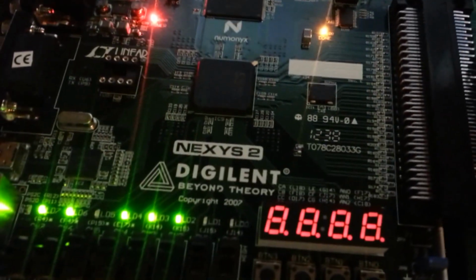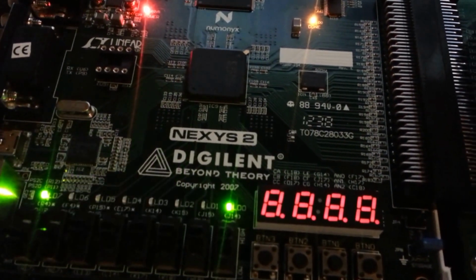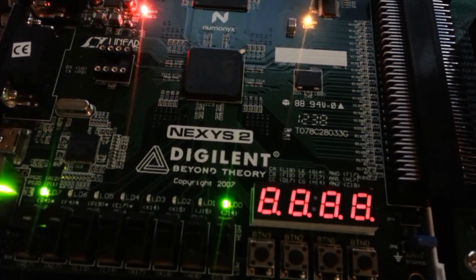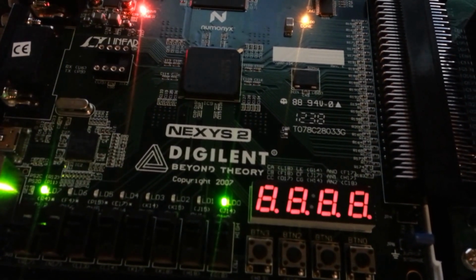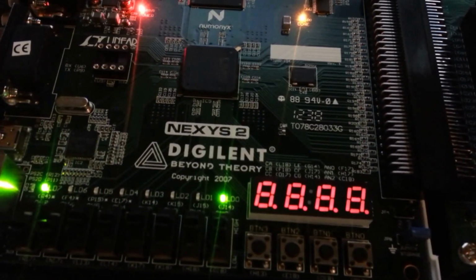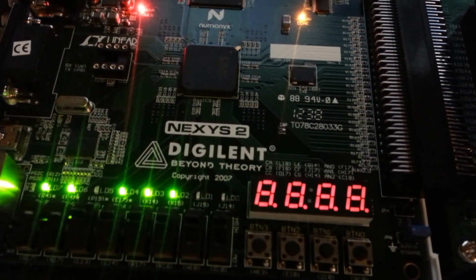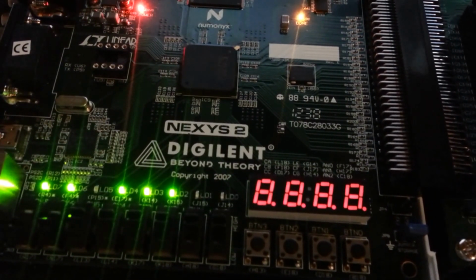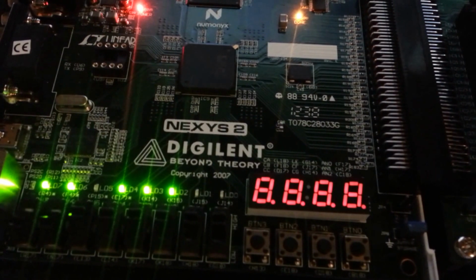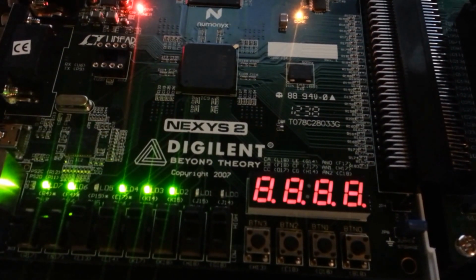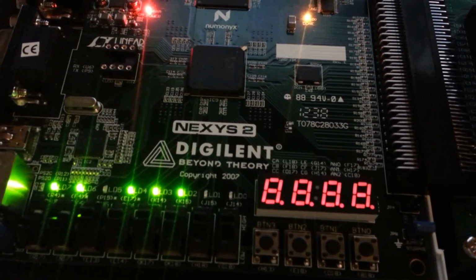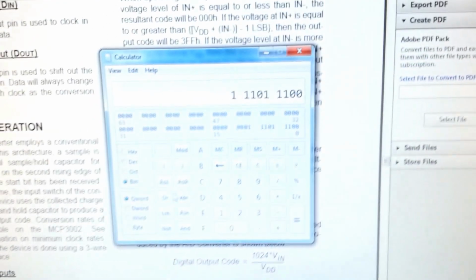I'm sorry. Let's look at this again here. So it's going to be 0, 1, 1, 1, 0, 1, 1, 1, 0, 0. All right, so that's what we should have here in binary.